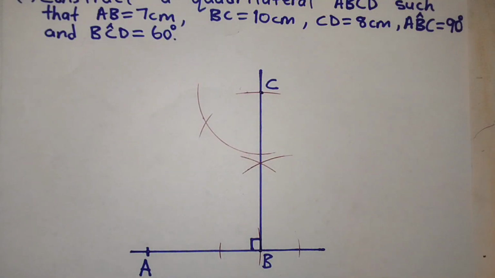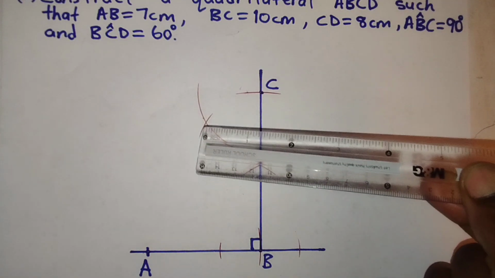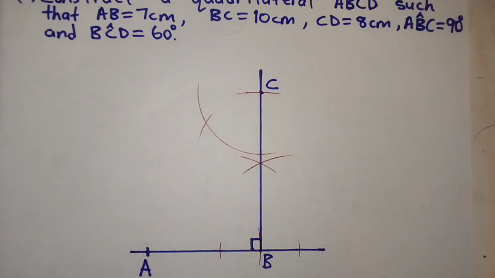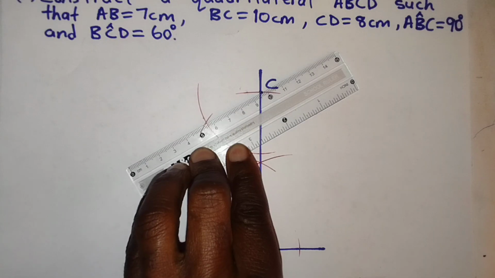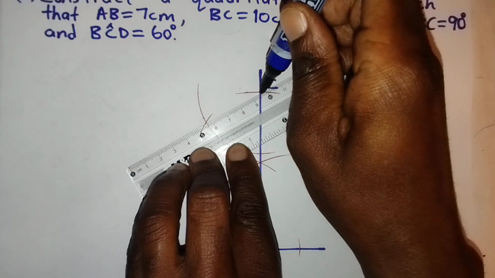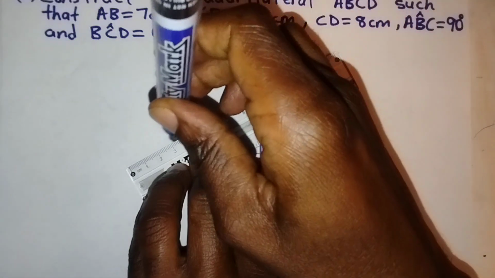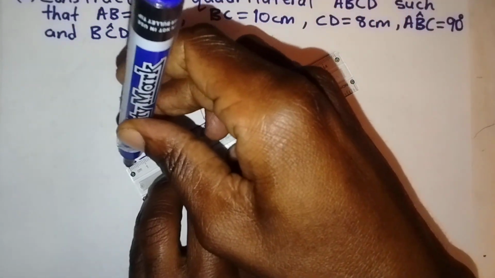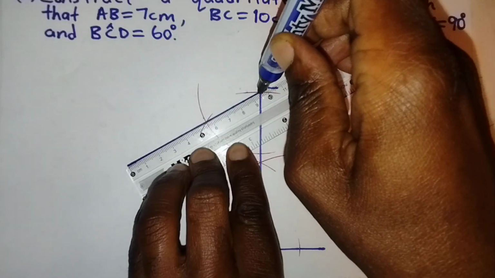Okay, so now I'm going to draw a line from C right through the point of intersection of the arcs. So I'll draw this line starting from C right through the point of intersection of the arcs.